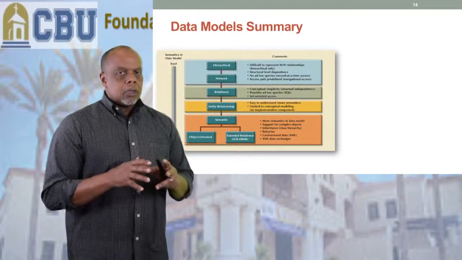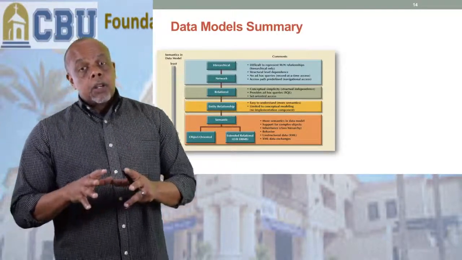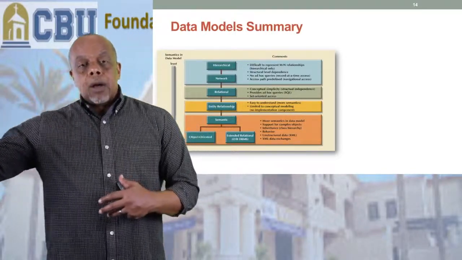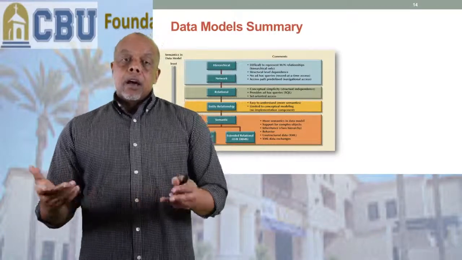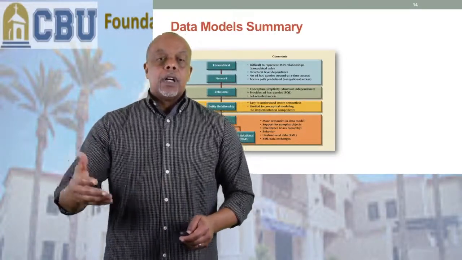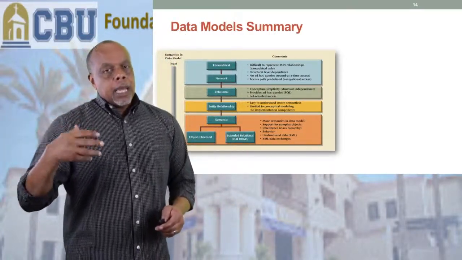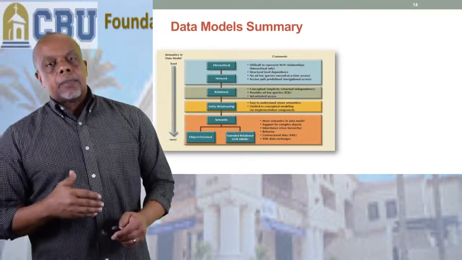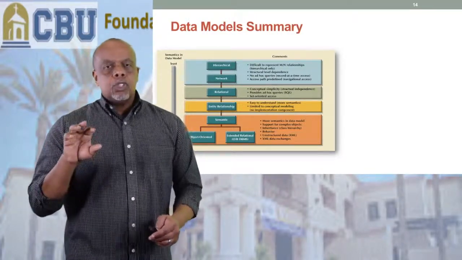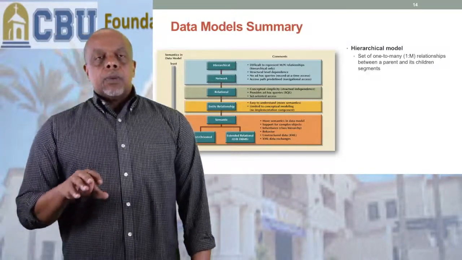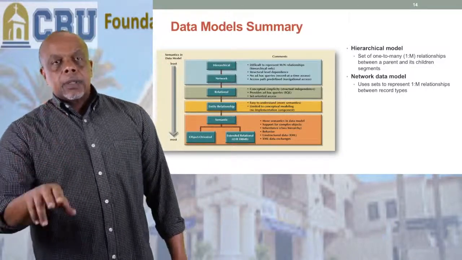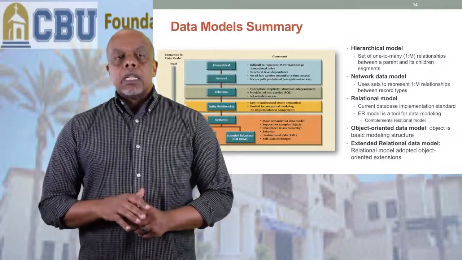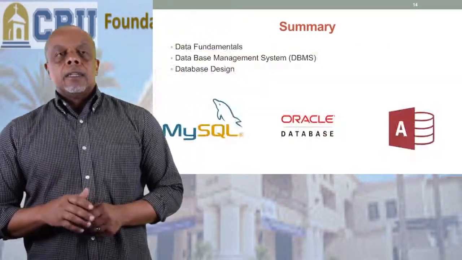Our back-end systems and search engines are getting smarter and smarter to where they're able to understand more from how humans interact. Artificial intelligence will probably take that even farther, so that our data systems can relate more to human semantic expressions as opposed to just data. So we talked about the hierarchical model, the network model, the relational model, the object-oriented model, and the extended model.